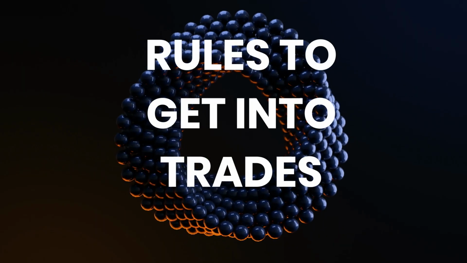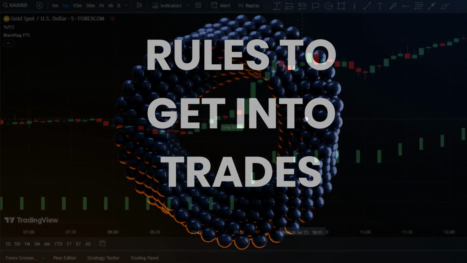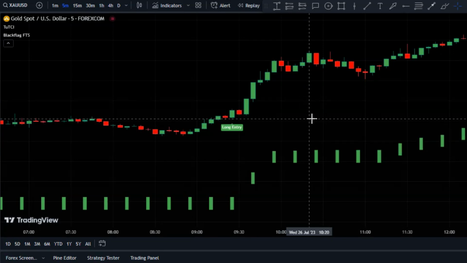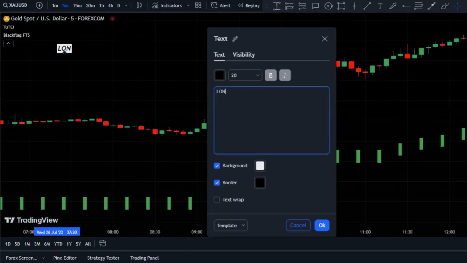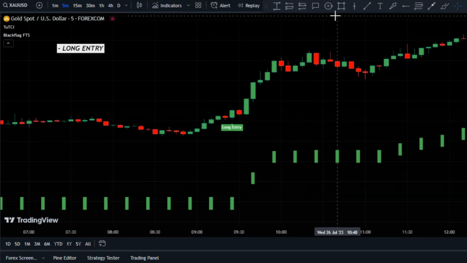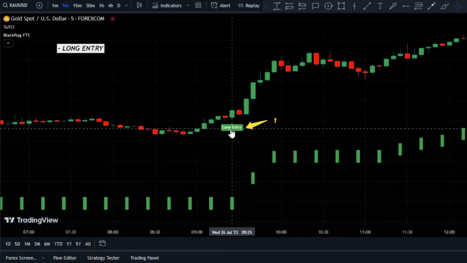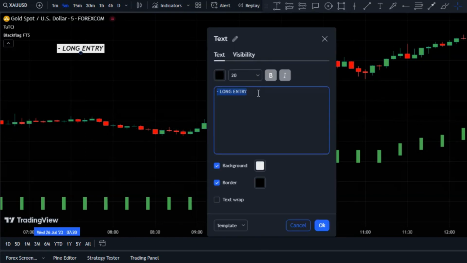Now it's time to define the rules for getting into trades. To enter a buy trade, you'll first need the turtle indicator to give a long signal. Then the price action will need to be above the green black flag line to make sure there's uptrend momentum.